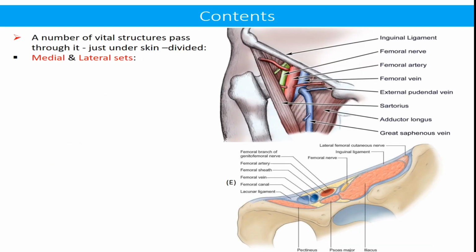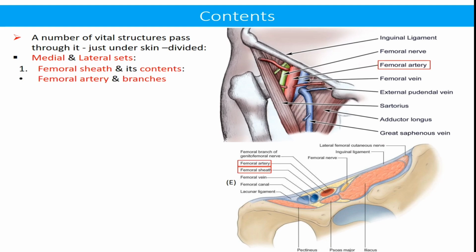As regards the contents of the femoral triangle, a number of vital structures pass through it just underneath the skin, and these contents are divided into two sets, medial and lateral. Medially, femoral sheath and its contents are present.